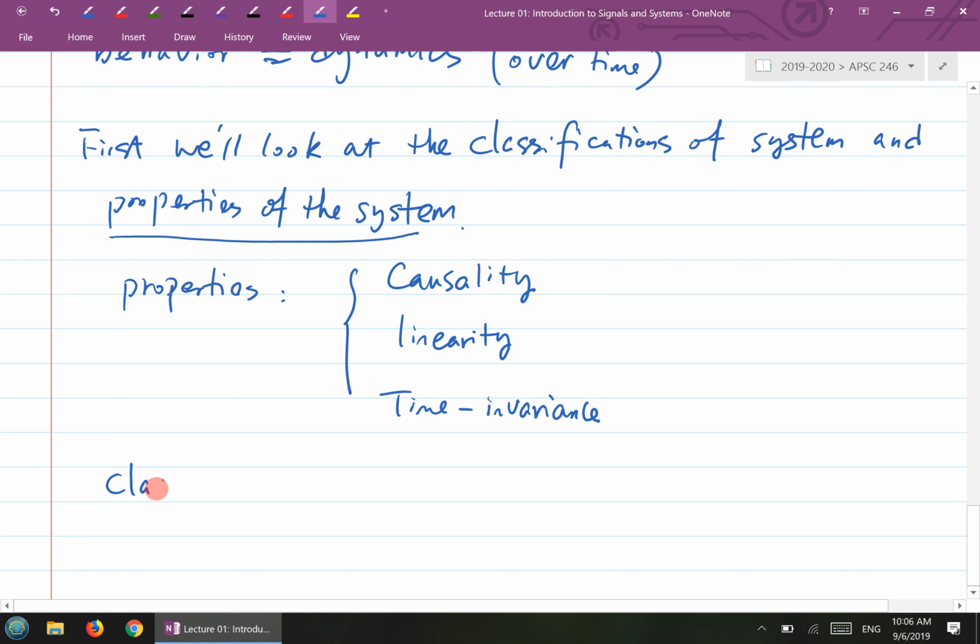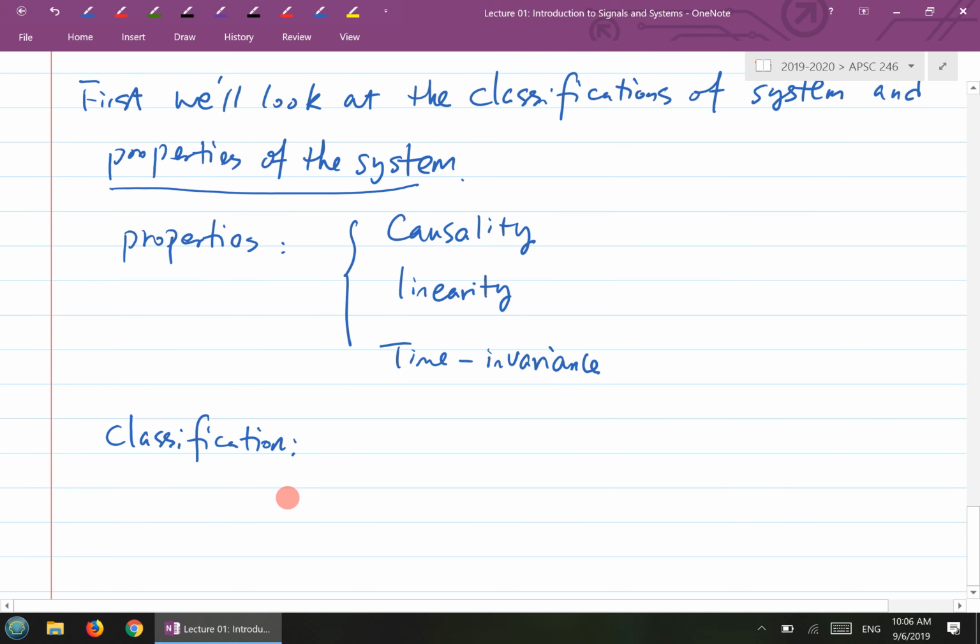In terms of classification, this is exactly what I just said. Classification basically means we're going to look at causal and non-causal. How do we classify the system according to the property?